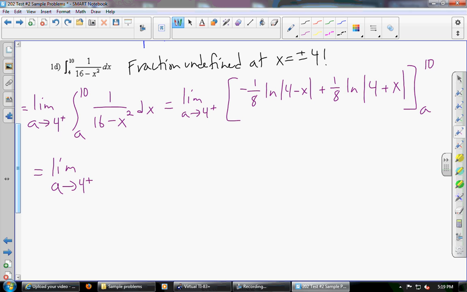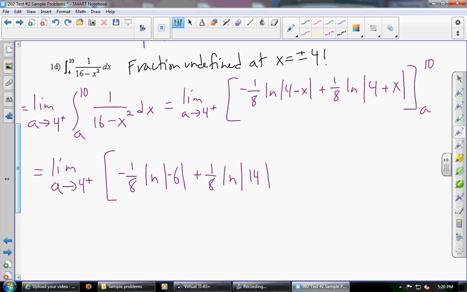And again, I'd encourage you just to plug in the 10 and just to plug in the a and write the answer down, and only at the end think about the limit part. So we'll plug 10 for all of the x's. So we go negative 1/8 ln of, let's see, 4 minus 10 is a negative 6 plus 1/8 of ln of 4 plus 10 is 14.